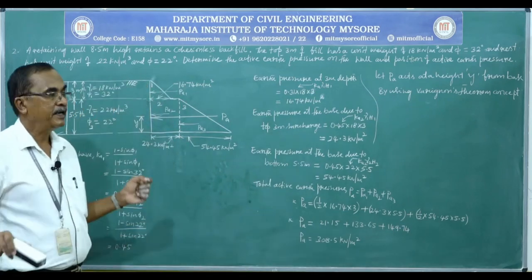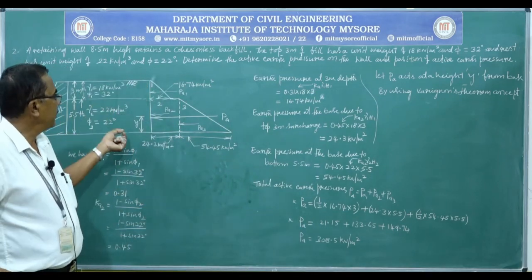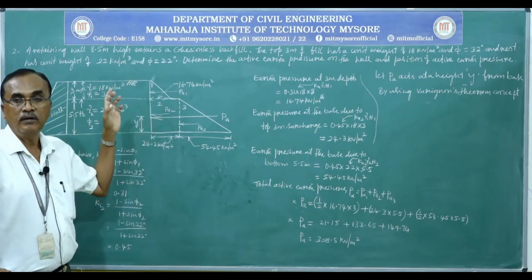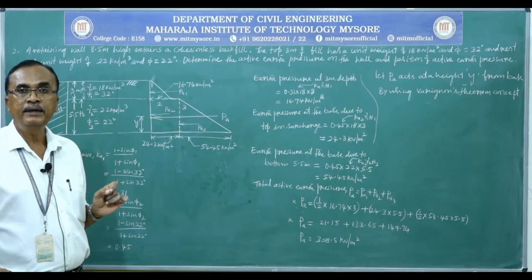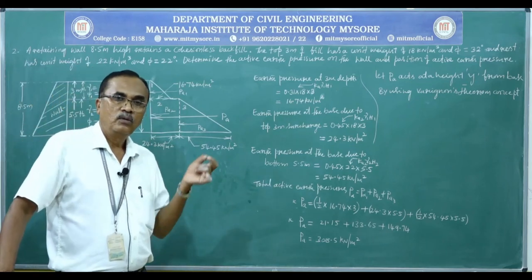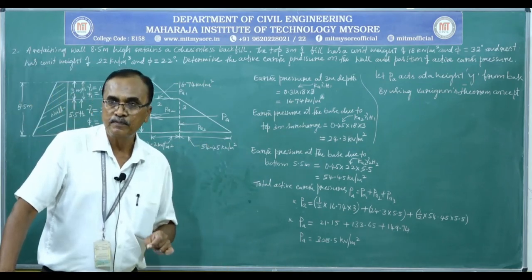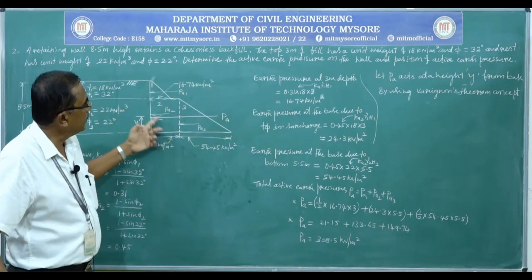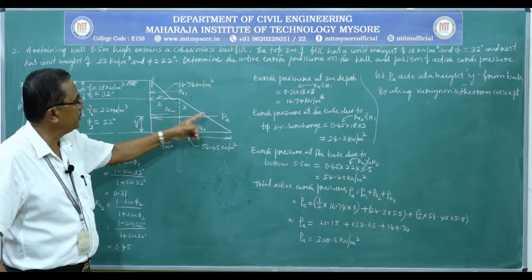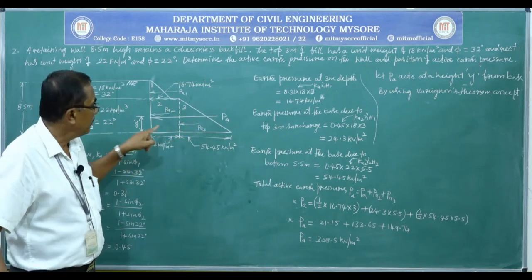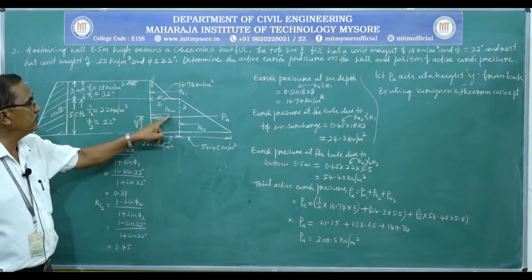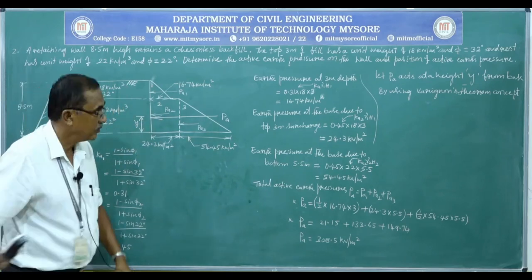What does Varignon's theorem state? The algebraic sum of moments of all the forces acting at a point is equal to the moment due to the resultant force. Here the algebraic sum of moments of all the pressures PA1, PA2, PA3 about a point, means about the toe point, is equal to the moment due to this total active earth pressure.